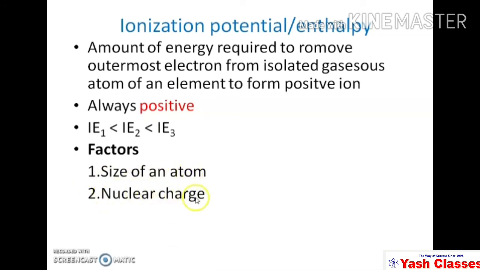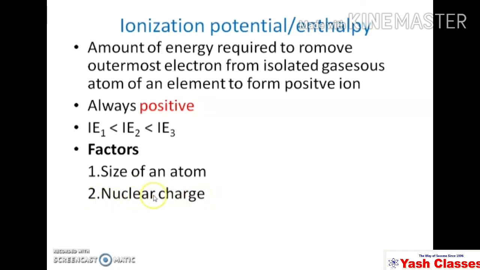The second factor is nuclear charge. Again, ionization enthalpy depends upon nuclear charge, or the number of protons present in the nucleus. The greater the nuclear charge, the greater is the ionization enthalpy, because as the number of protons in the nucleus increases, the force of attraction between the nucleus and the outermost electron will be very high, and therefore more energy will be required to remove an electron from the outermost shell.